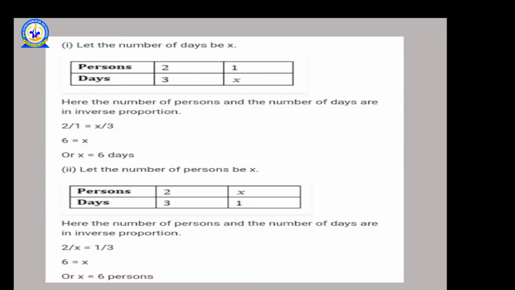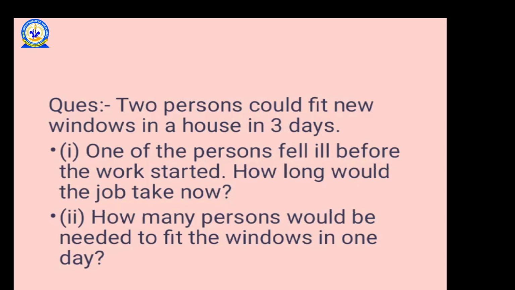So 2 multiplied by 3 is equal to 1 into x, that is equal to 6. So how many days will it take? 6 days. In the second part, how many persons would be needed to fit the windows in 1 day?